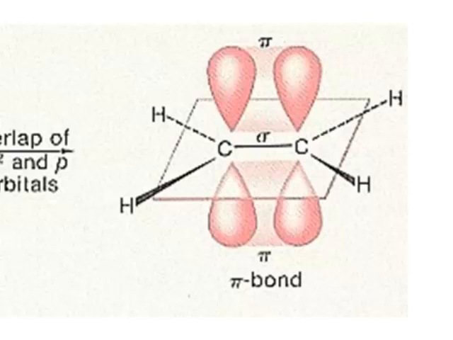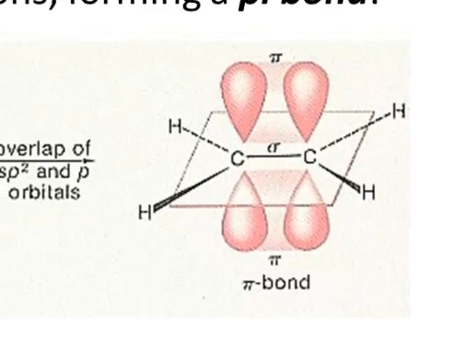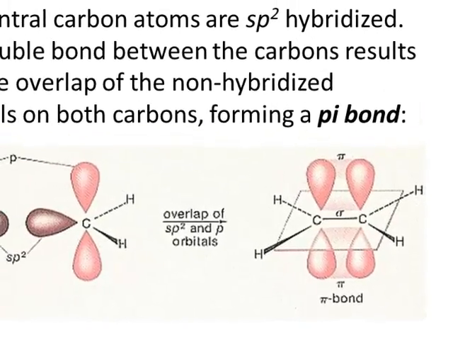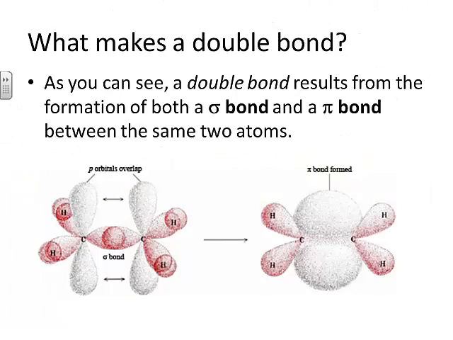Those overlap to form that sigma bond. Now these p orbitals that are pointing up and down, they can do side-by-side overlap, creating pi bonds above and below the axis between those 2 carbons. And that is your pi bond. So a double bond results from formation of both a sigma bond and a pi bond between the same 2 atoms.